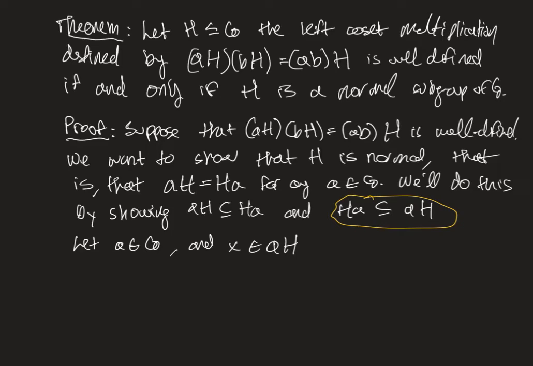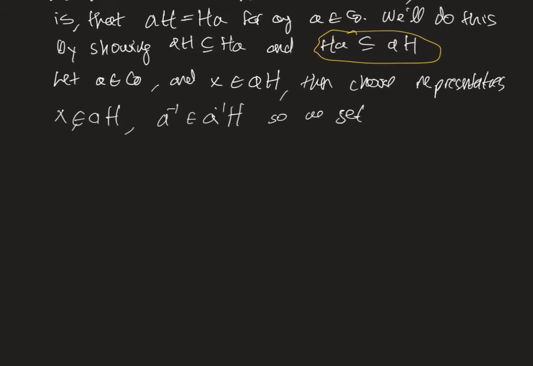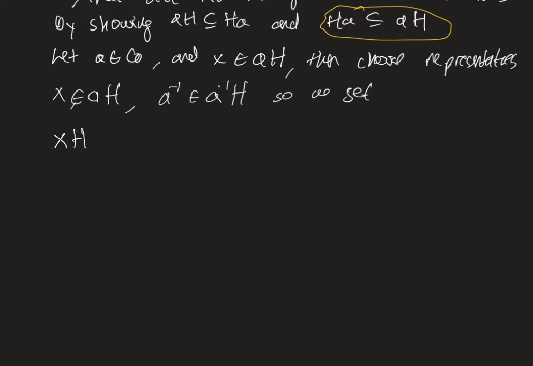Well, then we can choose representatives of that coset to be x in aH and a inverse in a inverse H. So we get that xH times a inverse H, because this multiplication is well defined, we should get x a inverse H.